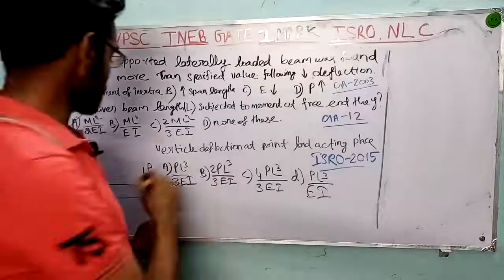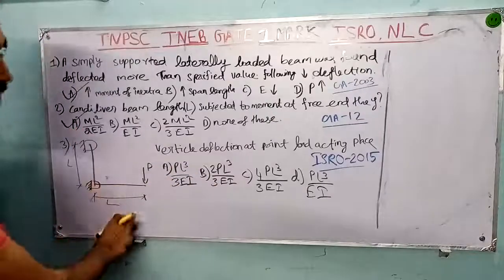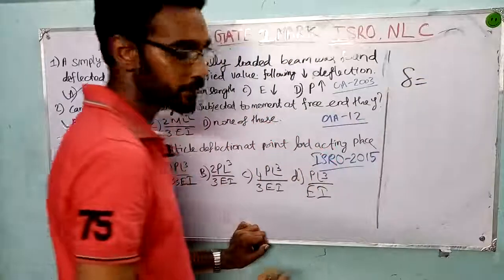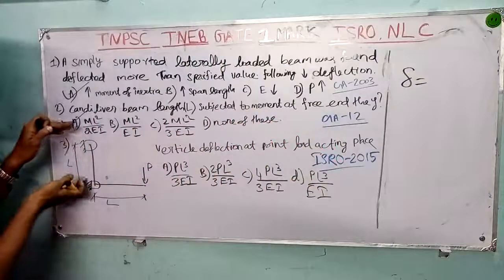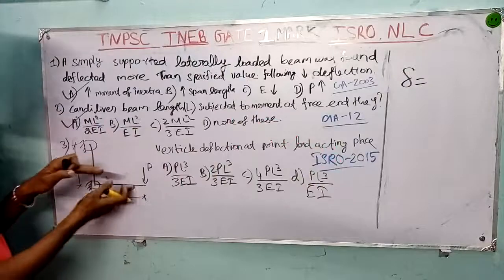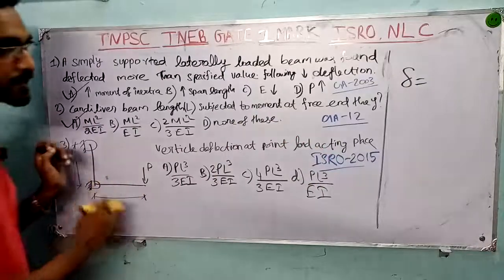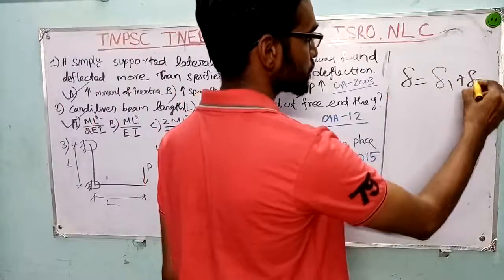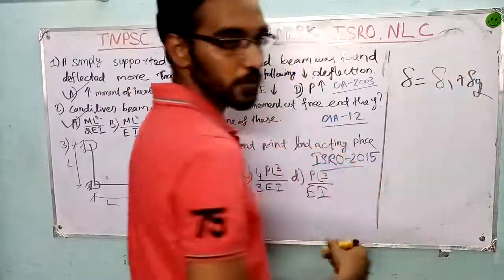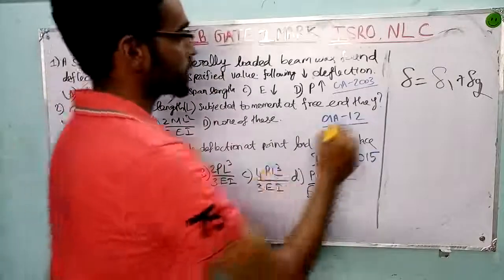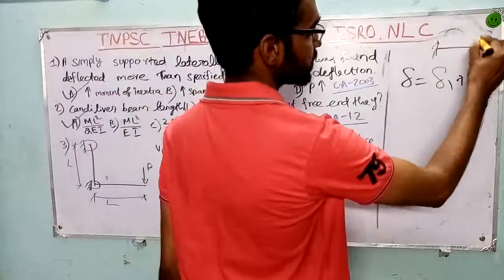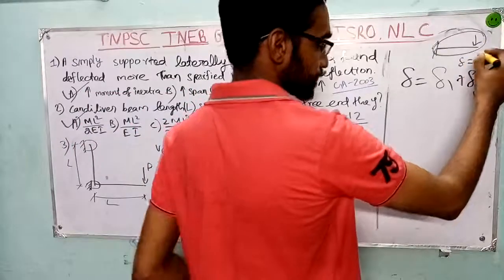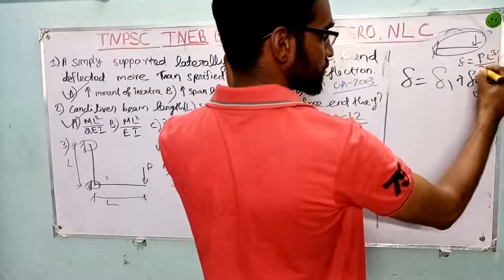In this, two beams are available, so the total deflection at B is, this beam also taken for calculation. Because both the beams are hinged, the total deflection will be deflection 1 plus deflection 2. You already know for any fixed cantilever beam with a load acting, the deflection will be PL cube by 3EI.